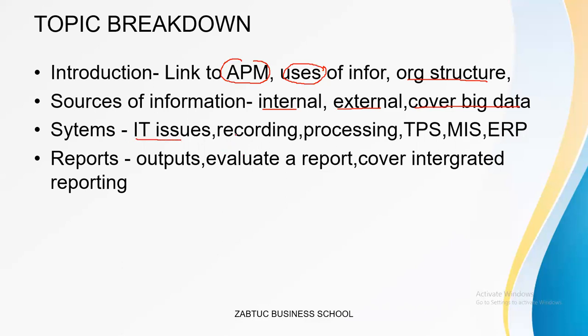IT issues, recording, processing, and some examples of information systems, including the TPS and MIS, and then ERP. Reports, output, how to evaluate the report. And we also cover the concept of integrated reporting.